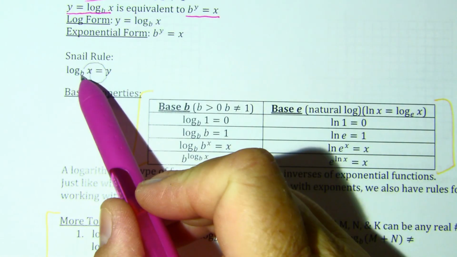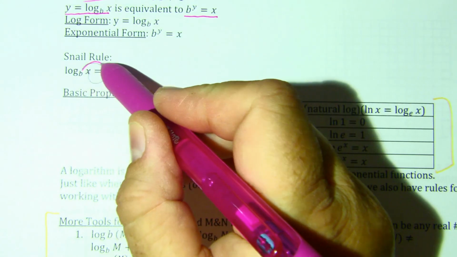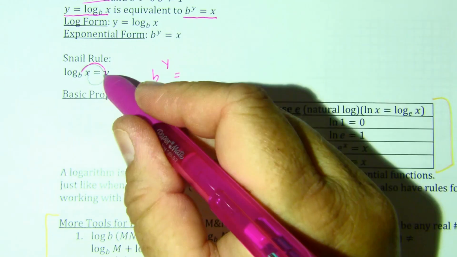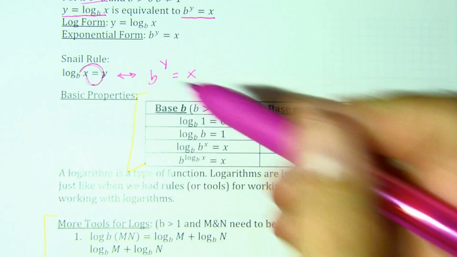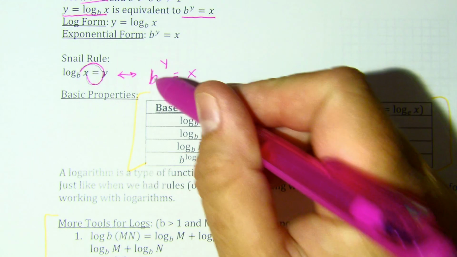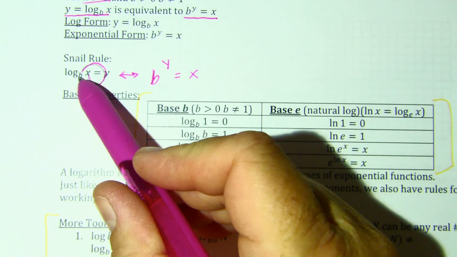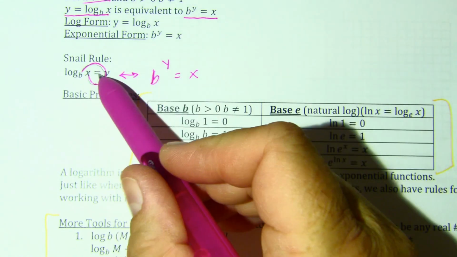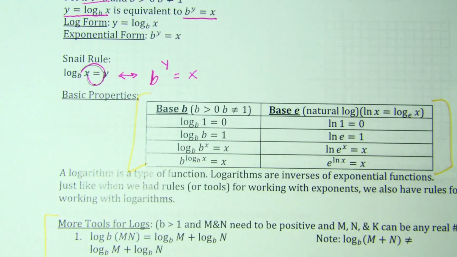So we have the base of our logarithm, and I draw a line to the other side, so b to the power of y is equal to what we're taking the log of. So you can convert back and forth between exponential form and log form. If you have exponential form, you can go to log form. Whatever the base is of your exponent, that will be the base of your logarithm. And then the exponent on your base is on the other side of the equal sign. And then what it's equal to is what you're taking the log of.